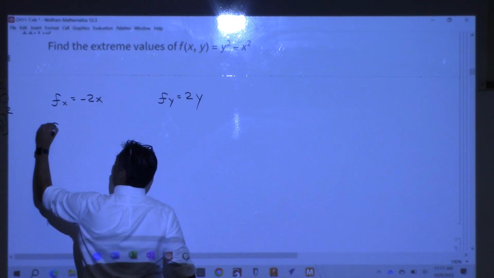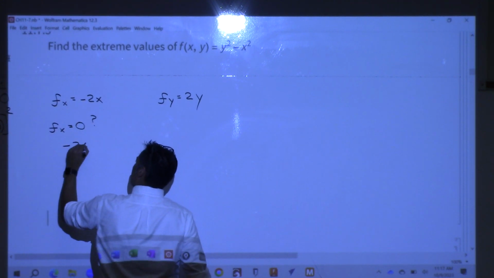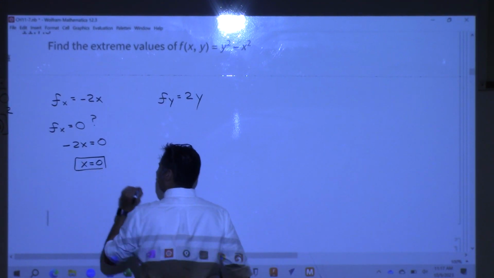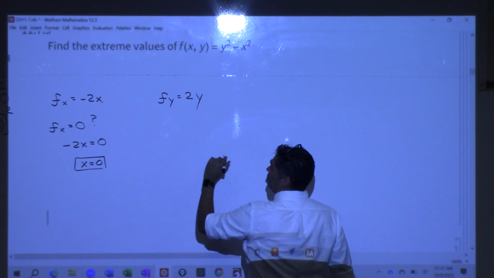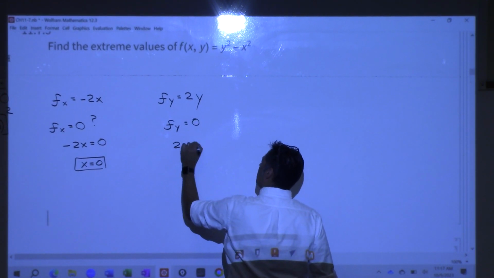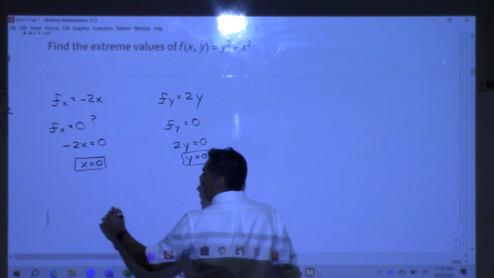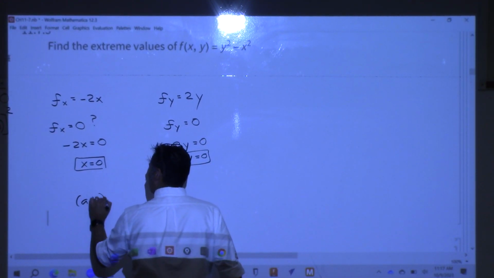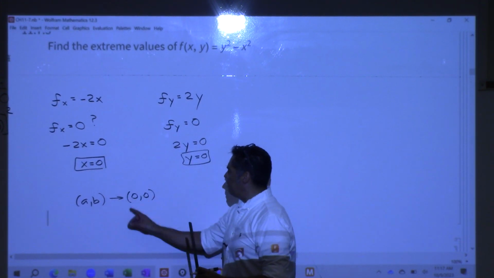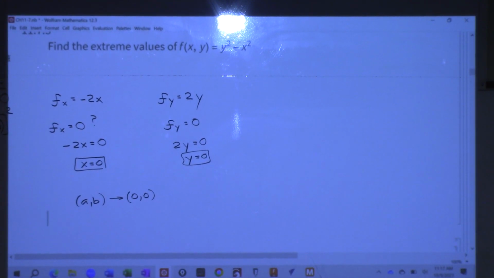Where is negative 2x equal to 0? That happens when x is 0. But I also need 2y to be 0, which means y is 0. So the only critical point that I have is the point 0, 0. I have to let x be 0 and y be 0, and that will be a point that I can check.